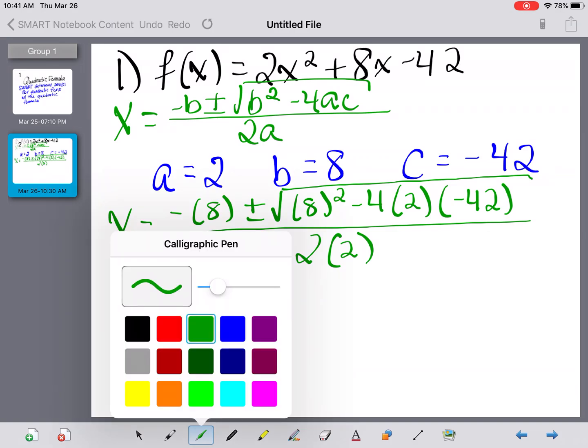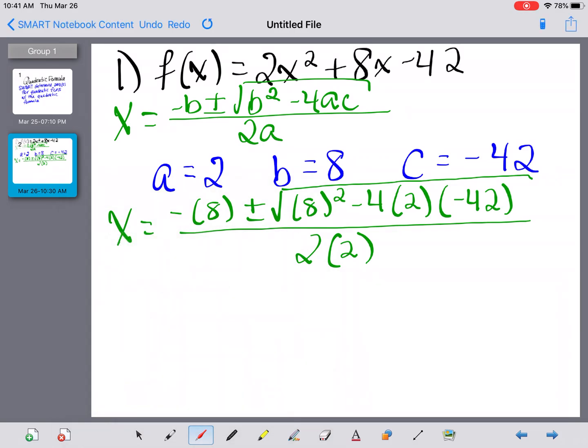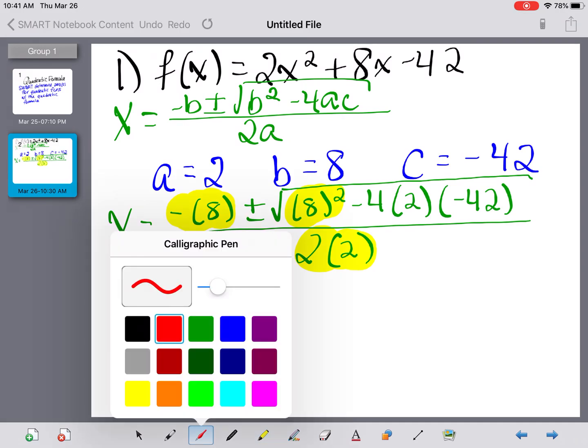So let's keep going. The first thing that we're going to want to do is take care of everything that's super easy. I think the things that are easy are making values negative, multiplying two values together, and squaring a number. Those are probably the easiest 3 steps. So let's get those out of the way right now.